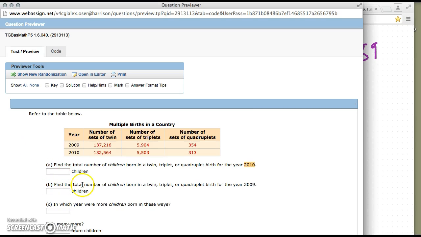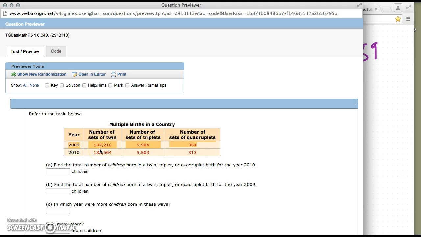Now in part B, it says we need to do the same thing: find the total number of children born in a twin, triplet, or quadruplet birth, this time for the year 2009. That's the first row in our table. We more or less need to do the same thing.